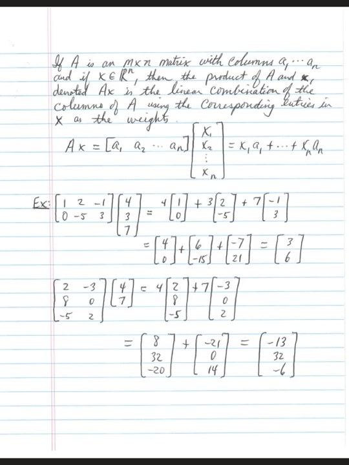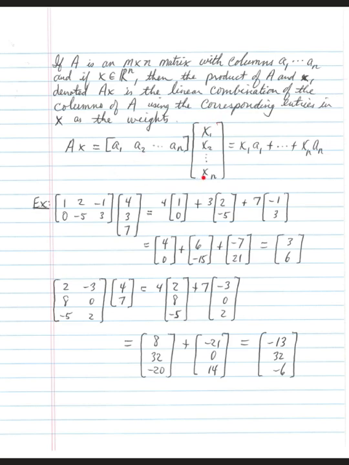Okay, so what we're going to do is take this first matrix. That's going to be matrix A, and it's going to have vectors listed in it as columns; depending on the size is how long the columns are.